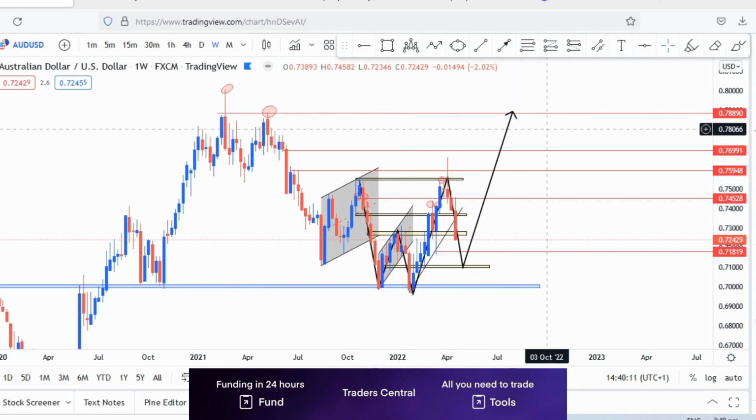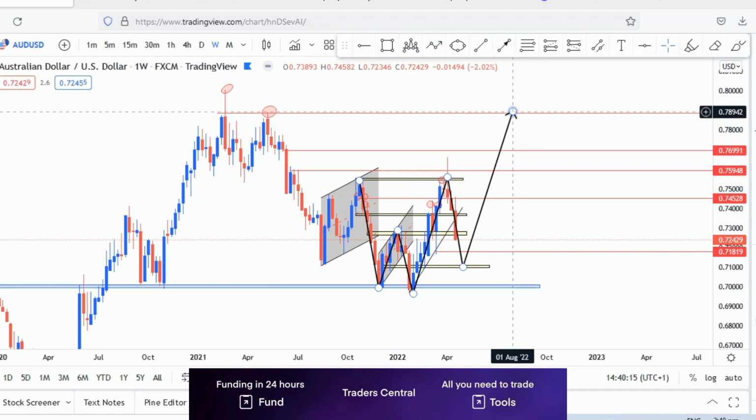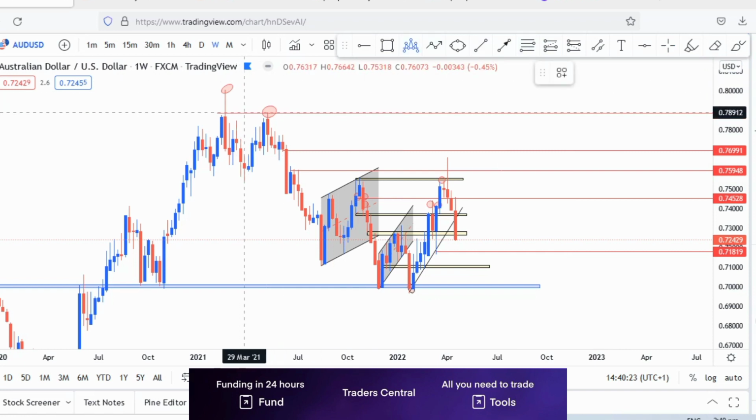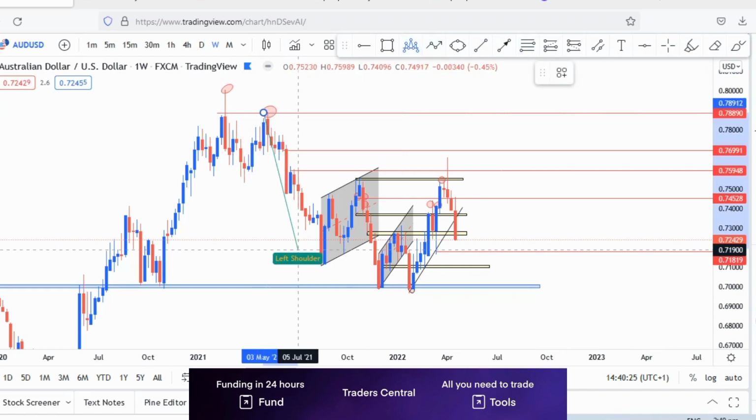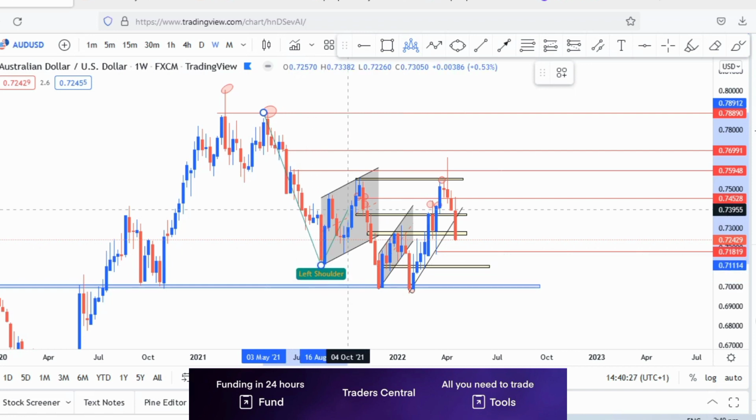So this is the sort of move I'm expecting on Aussie USD. And if you look closely as well, you can see that this move is basically an inverse head and shoulders pattern.